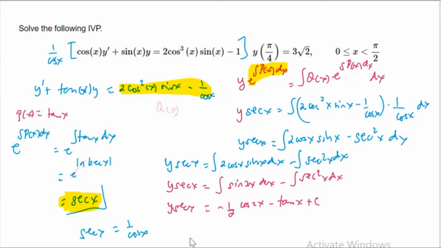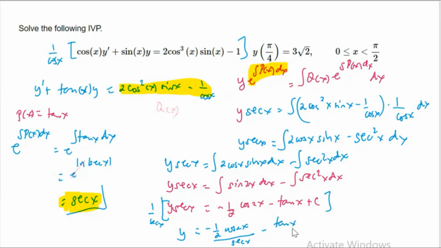Now, since I am requiring you to solve for y, I will multiply the entire equation by 1 over secant x, or simply divide by secant x. So I will write 1 over secant x. By multiplying that, we have the answer of y on the left hand side is equal to negative 1 half of cosine 2x all over secant x, minus tangent x over secant x, plus a constant.